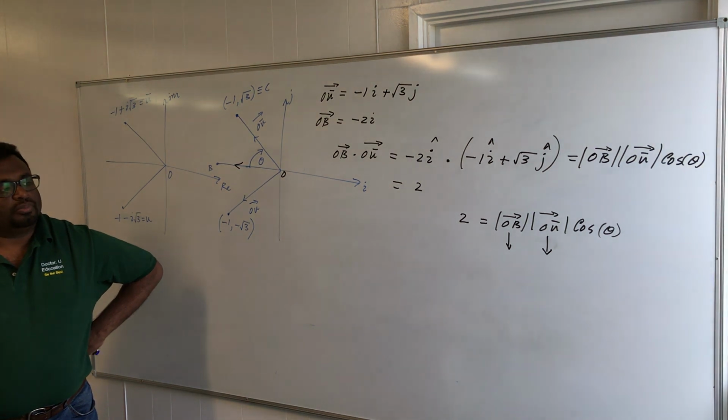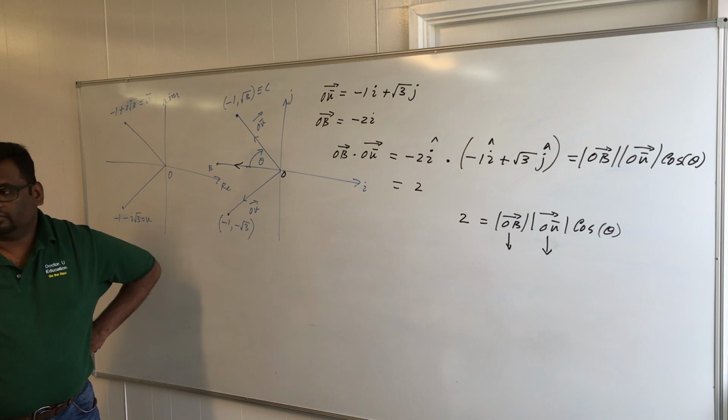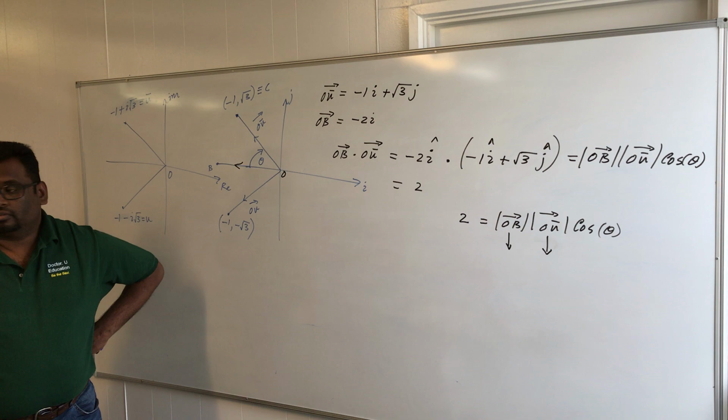What is OB magnitude and OU bar magnitude? Square root of x plus... Yeah, modulus, but how do you do that? How do you find modulus? In complex or in vectors?